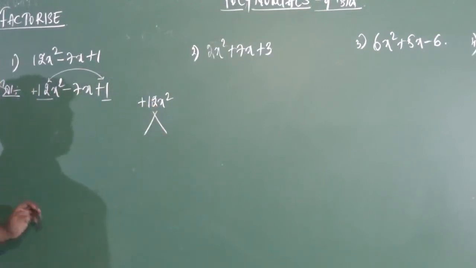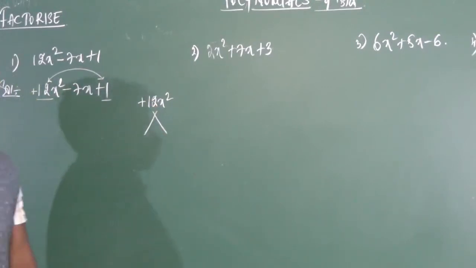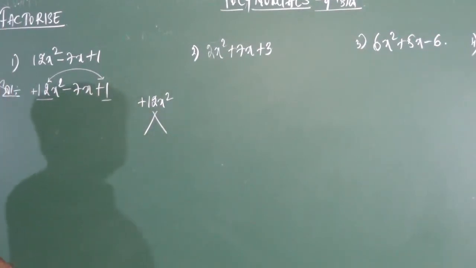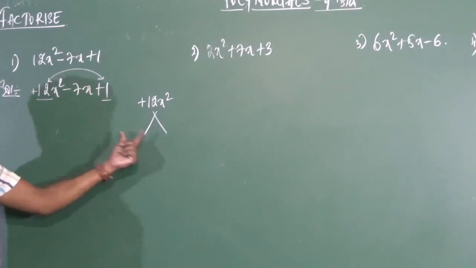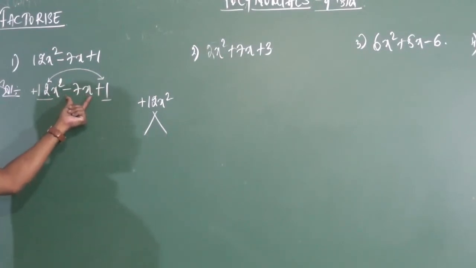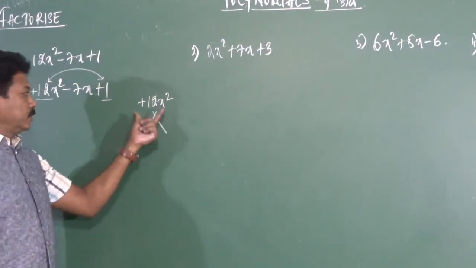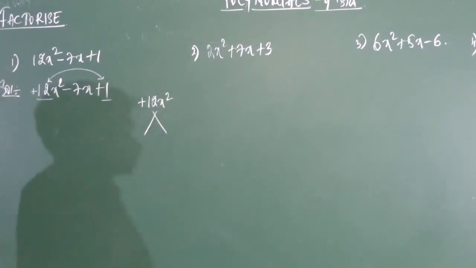You have to split this into two numbers such that when you add them you get minus 7x as the answer, and when you multiply them with sign you get 12x square as the answer.